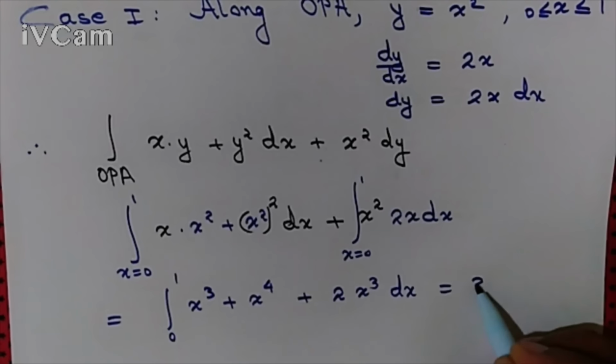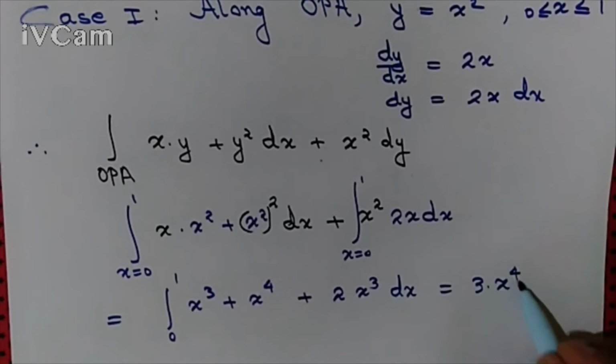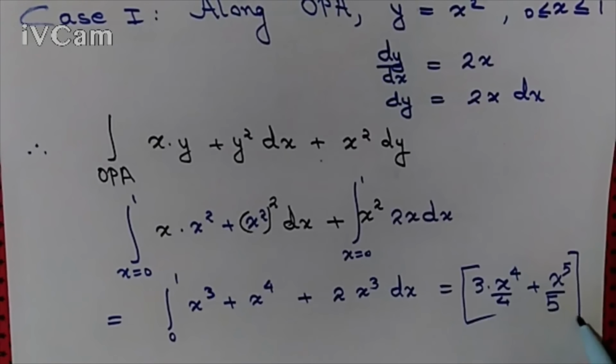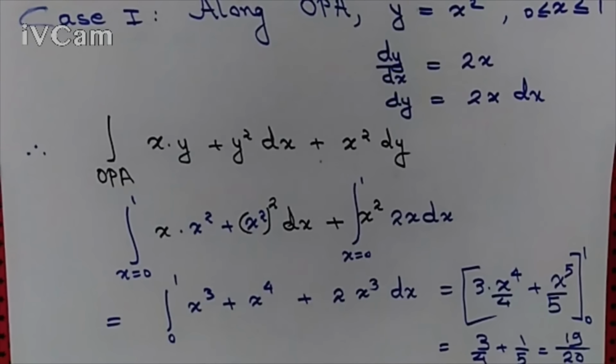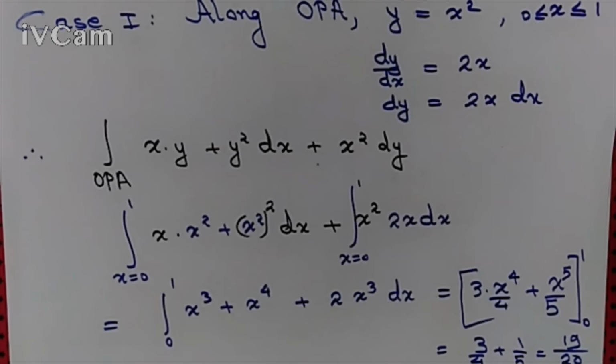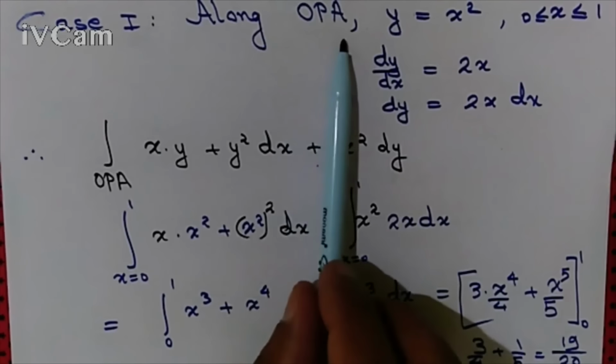So 3x to the power 4 by 4. Integral of x to the power 4 will give you x to the power 5 by 5. X is changing from 0 to 1. So that is 3 by 4 plus 1 by 5, that's equal to 19 by 20. That's case 1 along OPA.